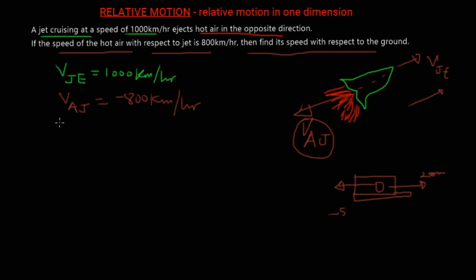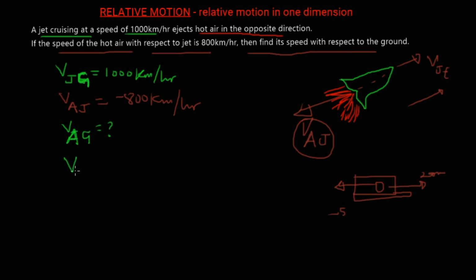That's the question. The ground. So we don't need to use earth. In this case, we need to use ground. So we need to find the velocity of the air, not jet, with respect to the ground. So ground is their common reference.